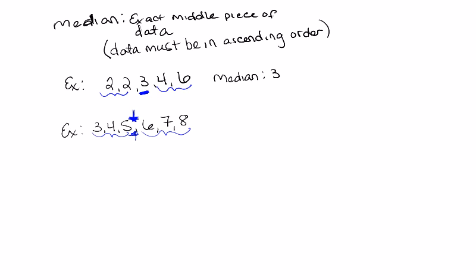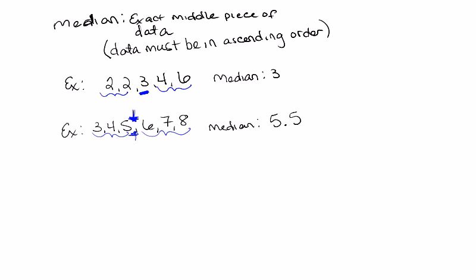Now in some cases such as this, it's very easy to identify what halfway is. I mean, what's halfway between 5 and 6? Well, 5.5. However, sometimes there's a larger spread between those 2 data values, and it's not as obvious what halfway is.